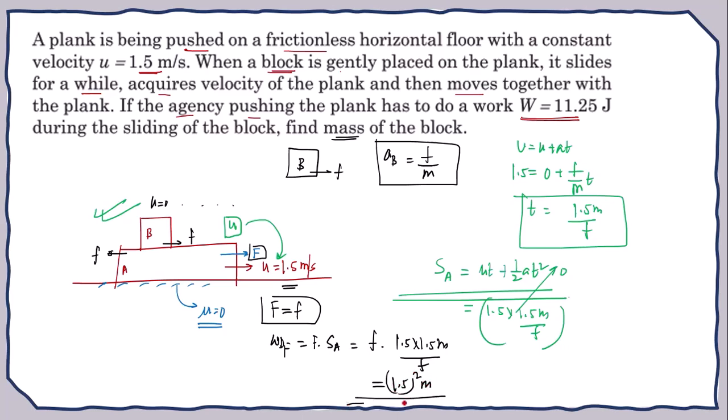That is the work done by the capital F. That work done is given as 11.25. So from that, m should be equal to 11.25 by 1.5 whole square. And 1.5 whole square means 2.25. The numerator is 11.25. So ultimately what I am getting, the answer is 5 kg.